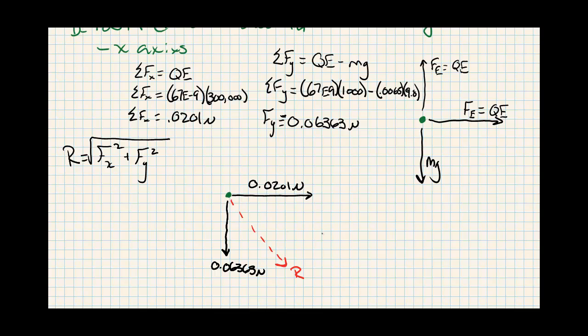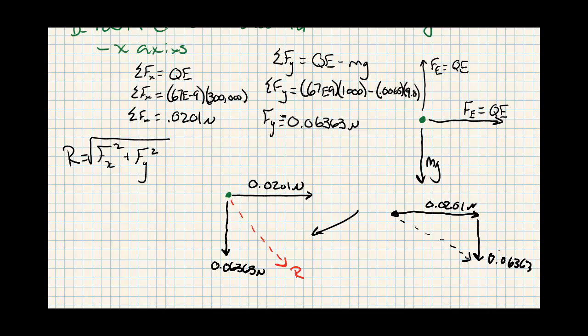Because if you rearrange this, here's my dot, you have a force of 0.0201 in this direction. And if you do tip to tail, you have a force down of 0.06363. And our resulting force is the hypotenuse formed by that triangle.